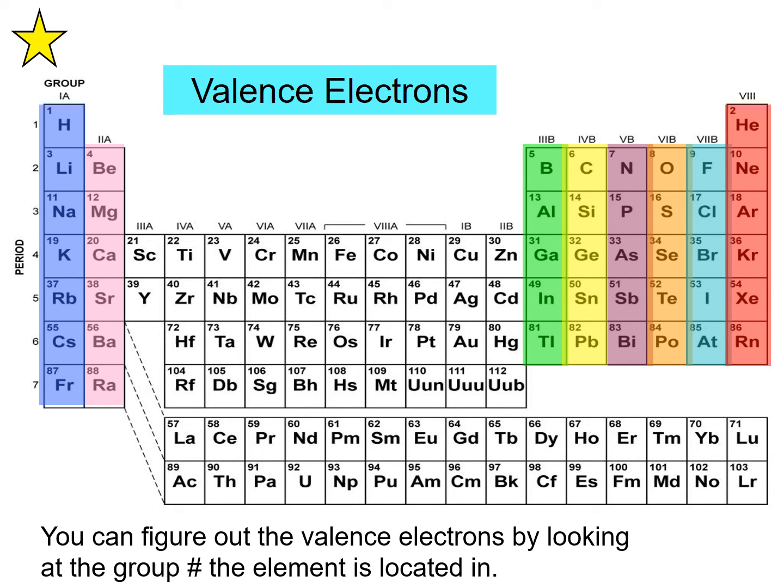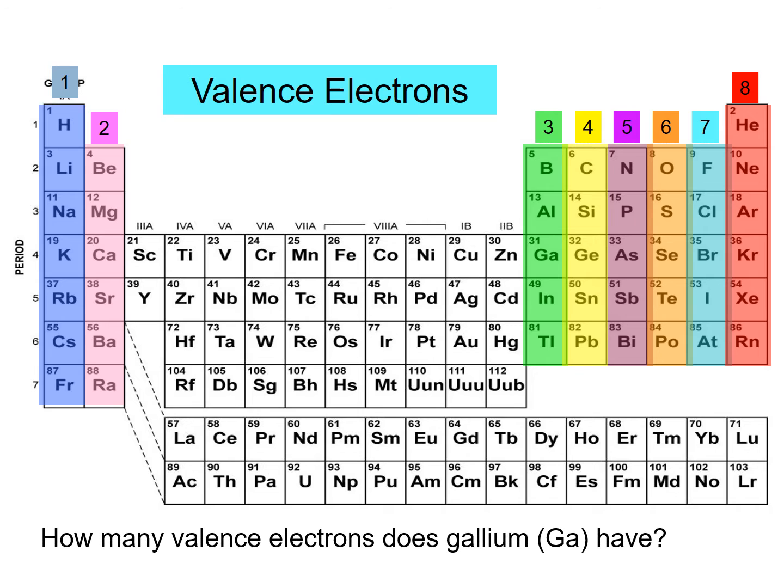So, valence electrons. Can you figure out the valence electrons by looking at the group number on the periodic table? So, 1, 2 for alkaline earth, 3, 4, 5 for nitrogen, 6 for oxygen, 7 for the halogens, and 8 for the noble gases. How many valence electrons does gallium have?